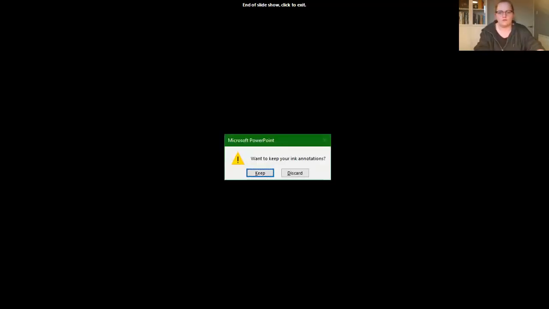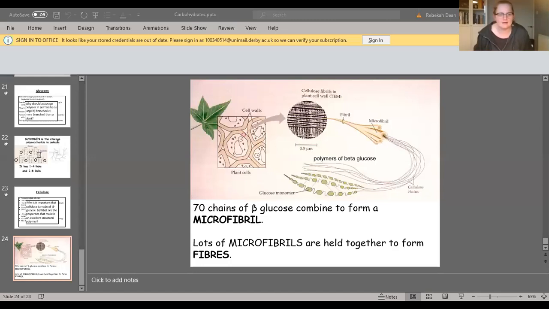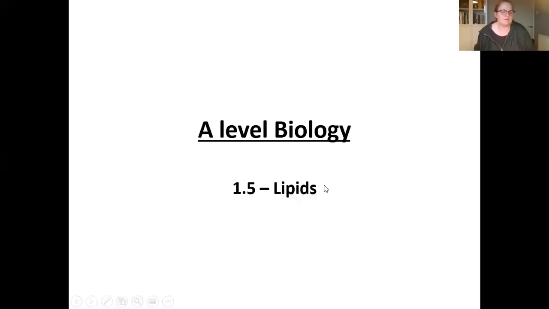So what we're going to have a quick flip to now is lipids. The last little bit we're going to look at is lipids. What you will start to notice is that lipids and carbohydrates, whilst they are different molecules, have lots of similarities. The way we form the monomers into polymers, we're still going to be using our condensation and hydrolysis reactions.